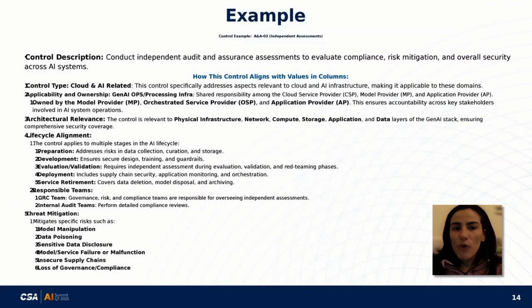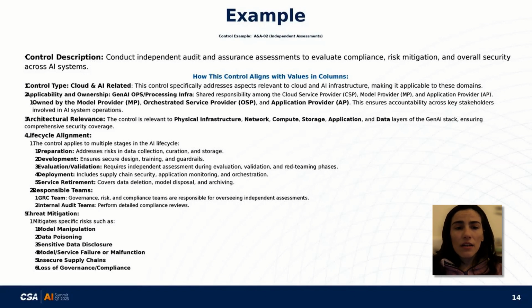So this first one describes in words how to read the values of a control. I have taken the example of control A and A02, which is called independent assessment, and its description says that it's a control on conducting independent audits to evaluate compliance, risk mitigation, and overall security.